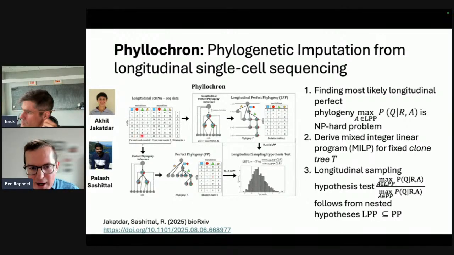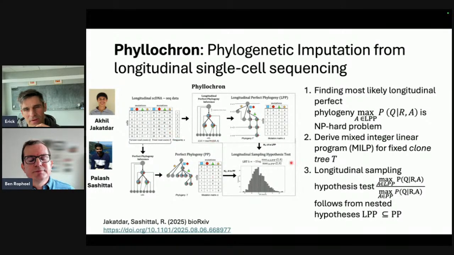So this is like the error model of the observed data. I see. So should I be thinking of this as like a collection of Poissons or something? Yeah, exactly. Poisson is a good model. Poisson, negative binomial, all those good things. Choose your favorite model for generating variant reads from these mutations. Beta binomial has been used as well.